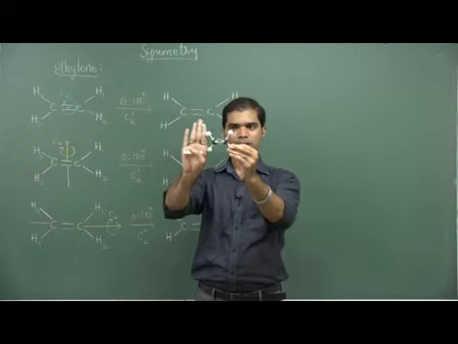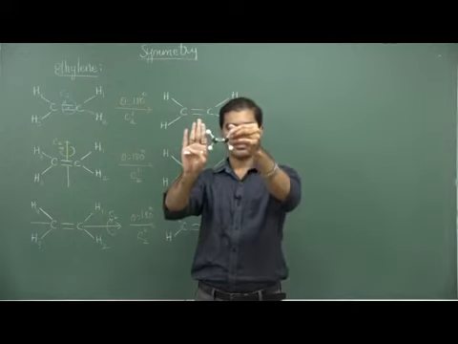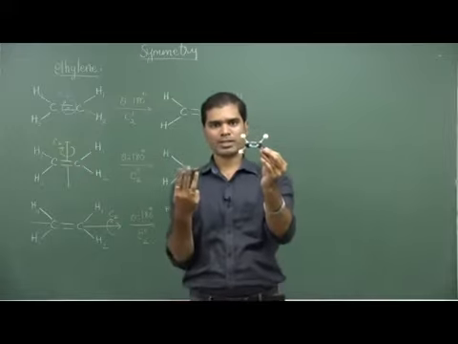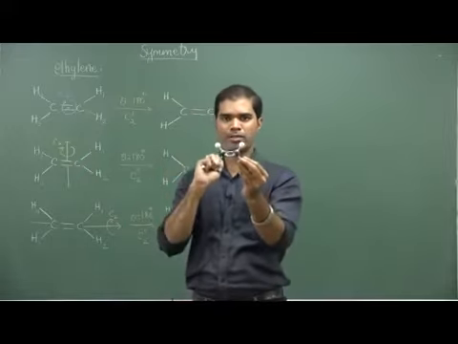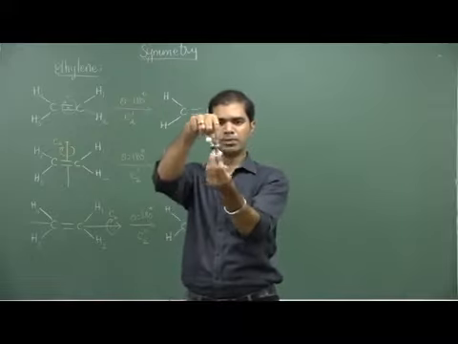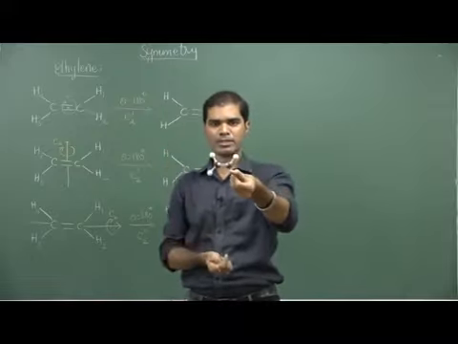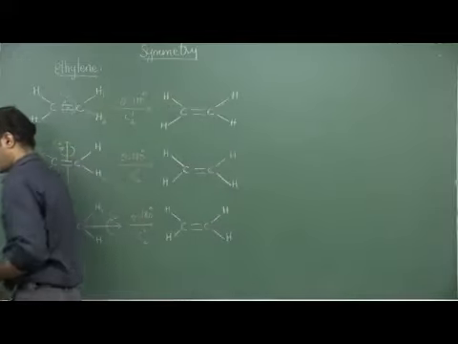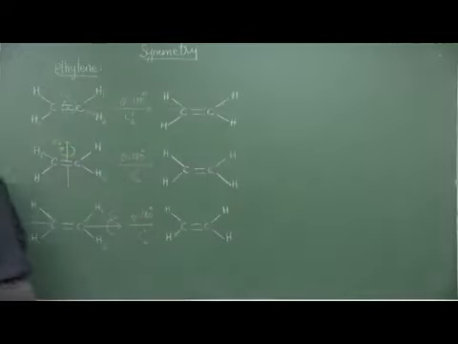Suppose if this is the plane, now it is moving out of the plane, again entering into the plane. So in ethylene we have three different rotations. One is the in plane rotation, whereas the other two are out of plane rotations. So keeping this in view, let us write the positions of the atoms.